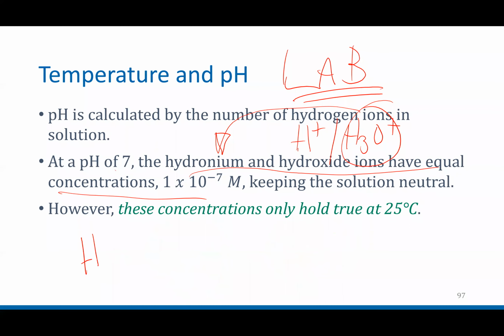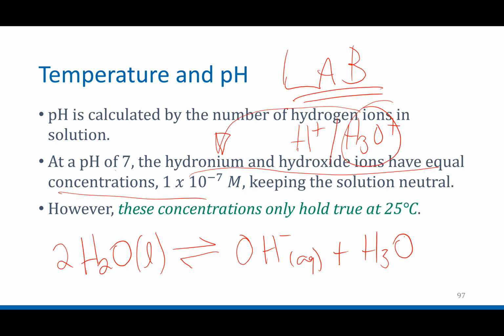Now, guys, you don't need to know this, so don't worry about it. Don't worry about memorizing this or anything like that. But typically water has this equilibrium situation set up, okay? And if you've done chemistry 1201 or 1210, you've learned about equilibrium, and you've learned about K, the equilibrium constant, and you've learned about Le Chatelier's principle.